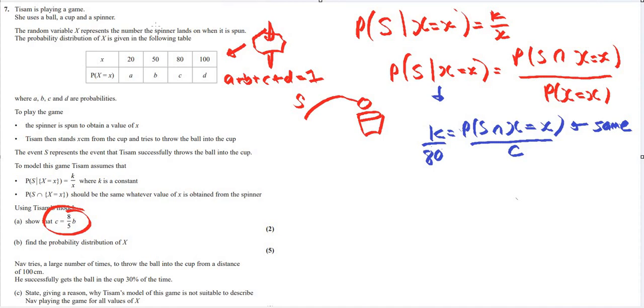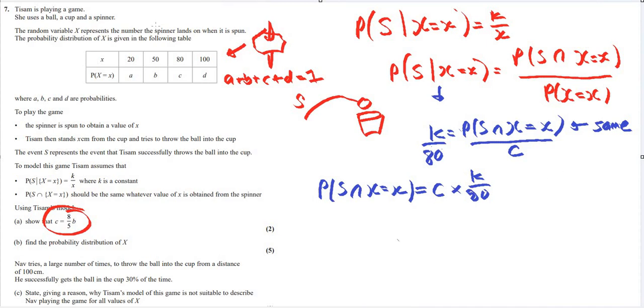So now, the probability of S and X equals a specific value is equal to C times K over 80.